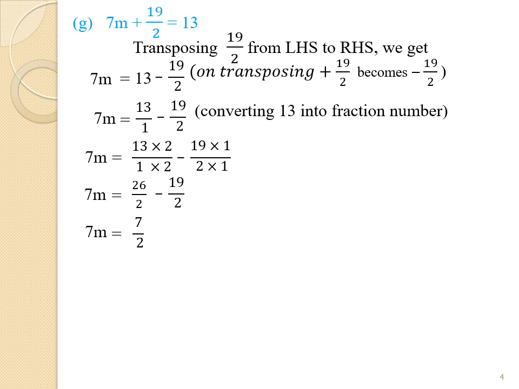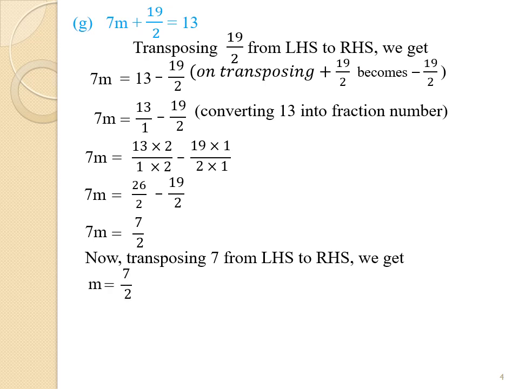Now, transposing 7 from left hand side to right hand side, we get m equals 7 upon 2 divided by 7. Converting 7 into fraction number, we get 7 upon 2 divided by 7 upon 1.